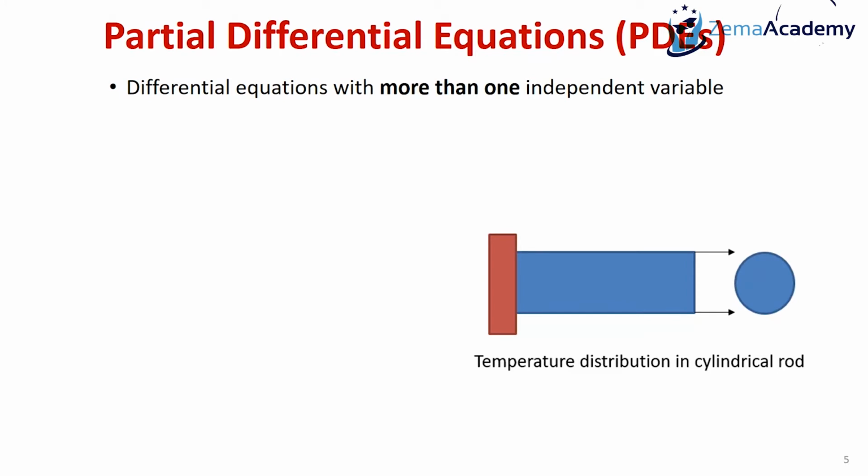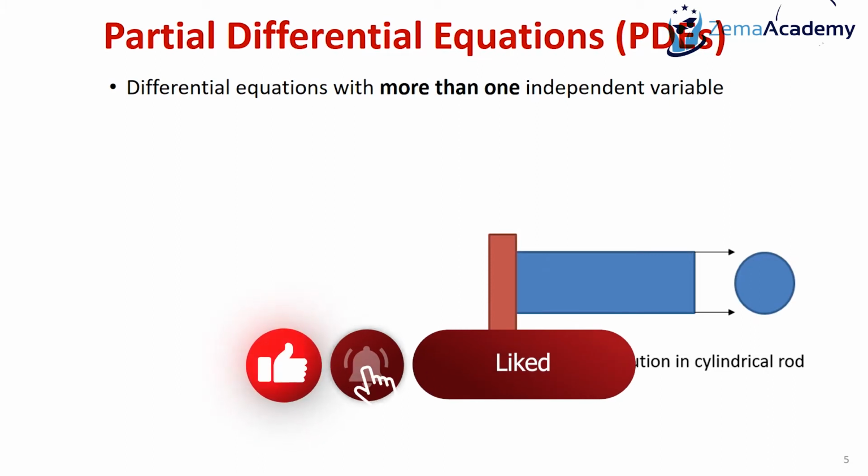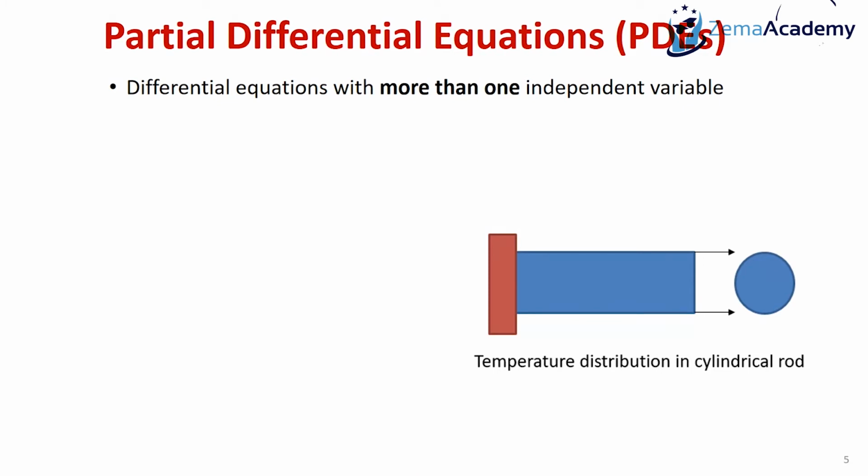And another thing is that the rod will expand. So now you have two changes coming in a metallic rod. This was just an example of a partial differential equation.